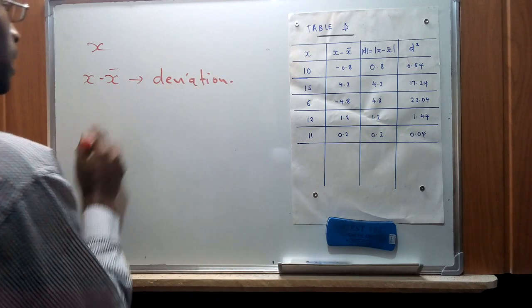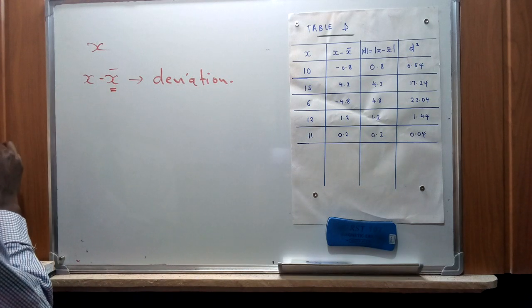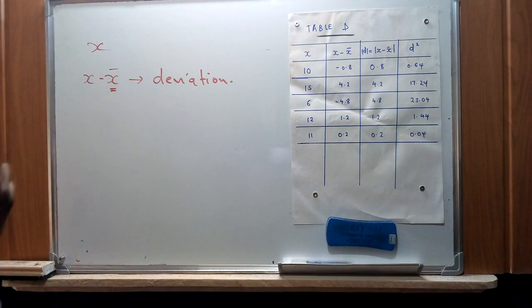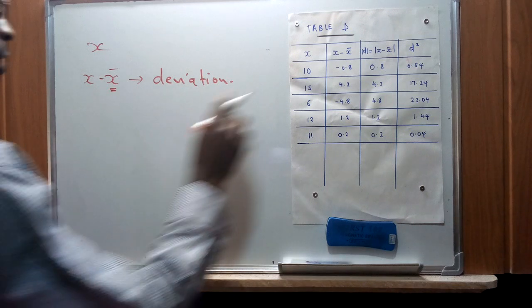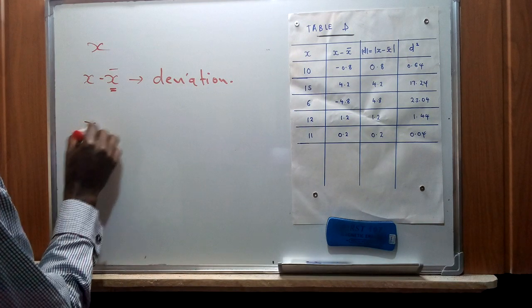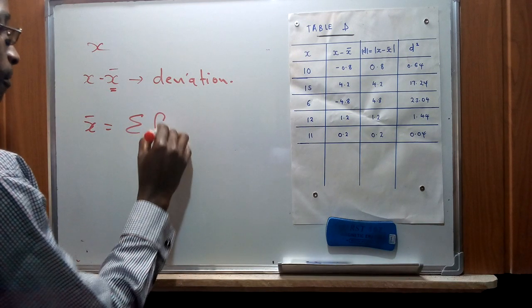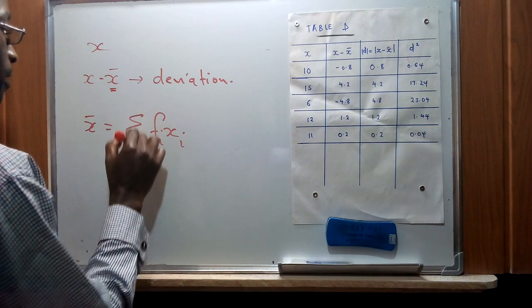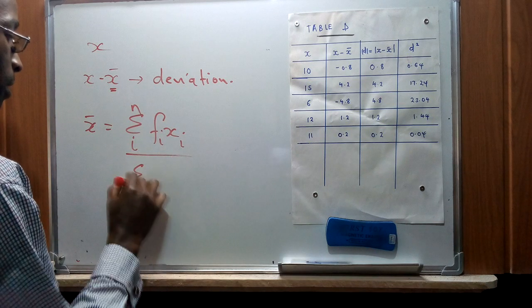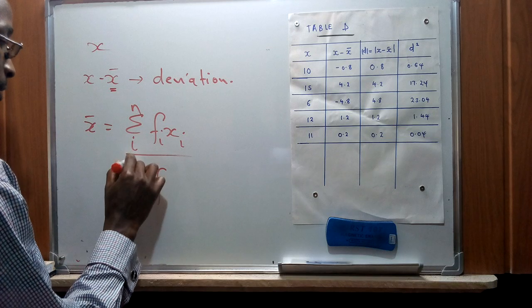And this deviation implies that a particular data value has a difference or spread from the mean value. For our case here, the mean is given as the summation of fx from i to n over the summation of frequency from i to n.